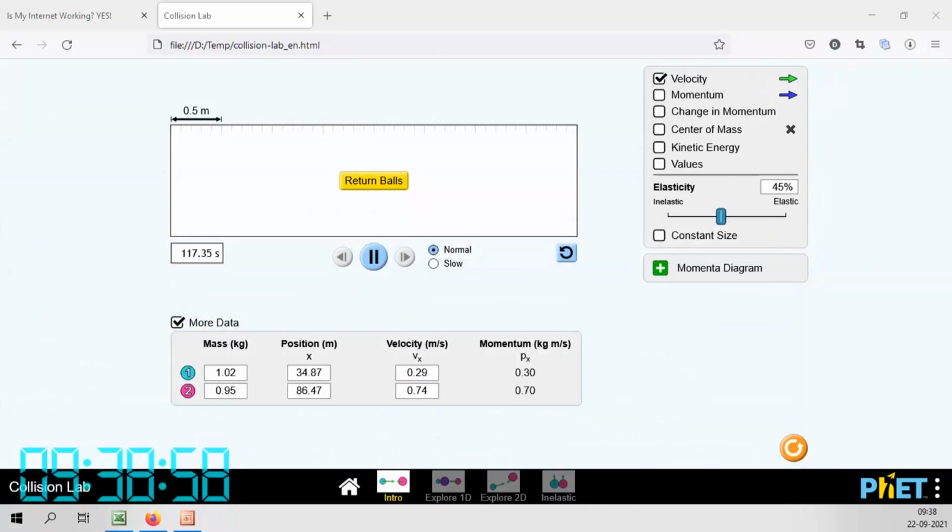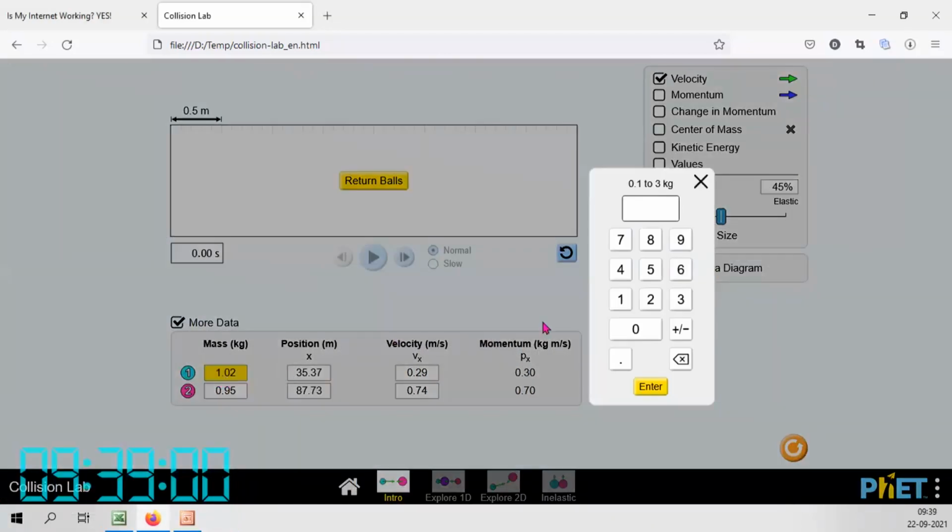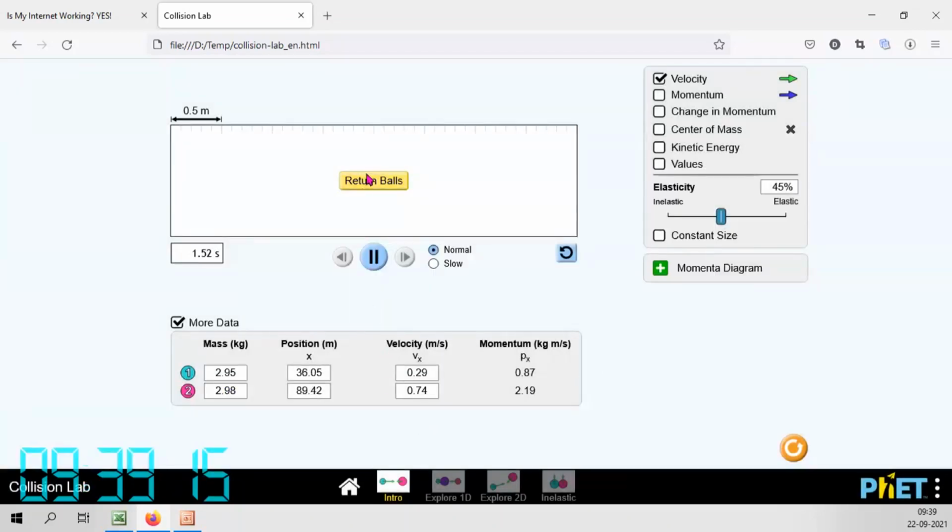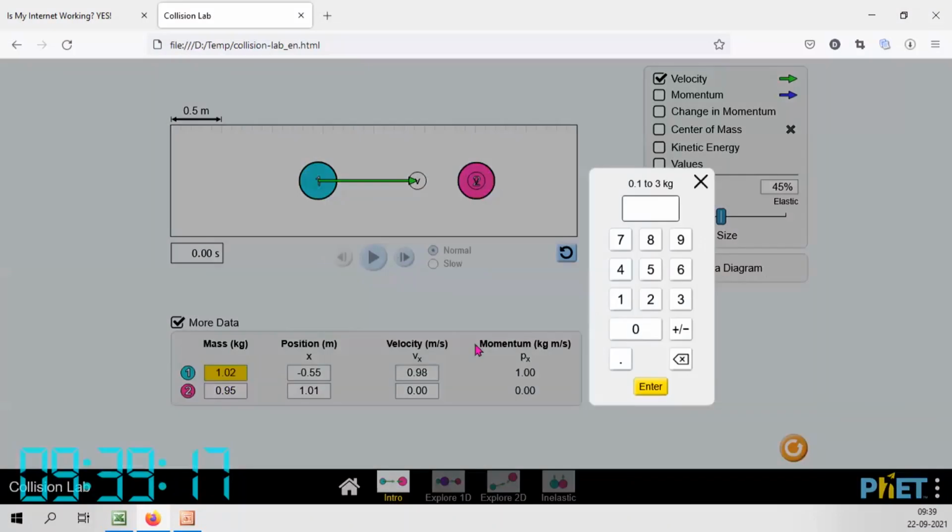Okay, so the next is 3, 3. So 2.95, 2.98, 2.98, 2.95, 2.9.